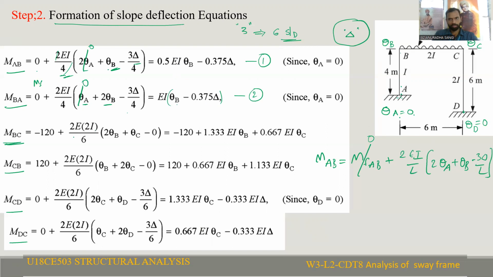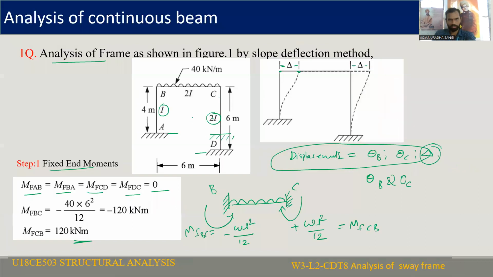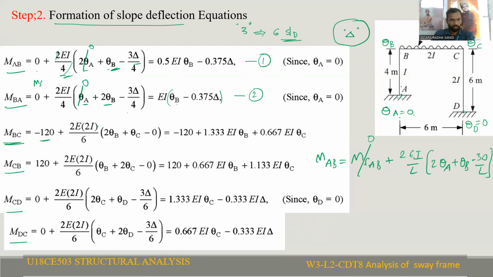Similarly, you write for MBC. For MBC, the fixed end moment MFBC, which we just calculated, is equal to minus 120. In place of I, you substitute 2I, because the moment of inertia for the BC member is 2I. Then 2 theta B plus theta C minus 3 delta by L. For the BC member there is no sinking.